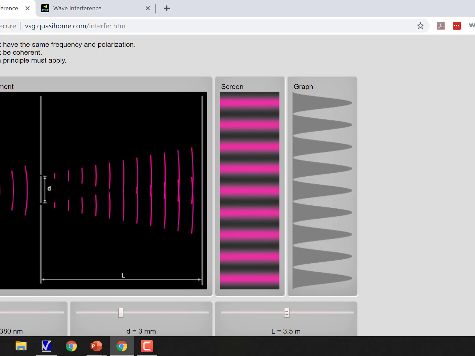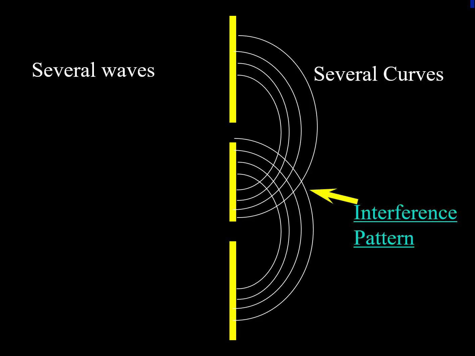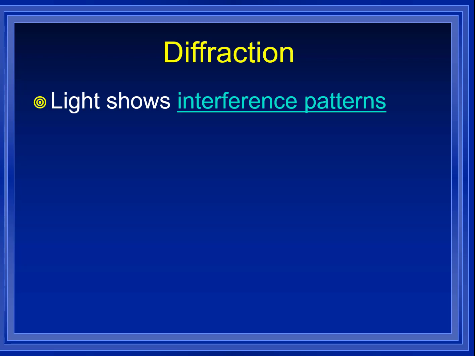So the fact that you see a rainbow is proof that light is a wave. That's the big picture. Rainbows, this pattern of alternating light and dark, is proof that light's a wave. So, light shows interference pattern, light is a wave.